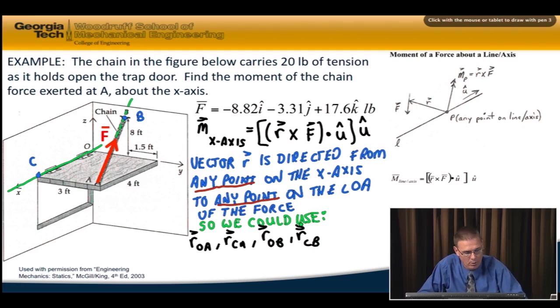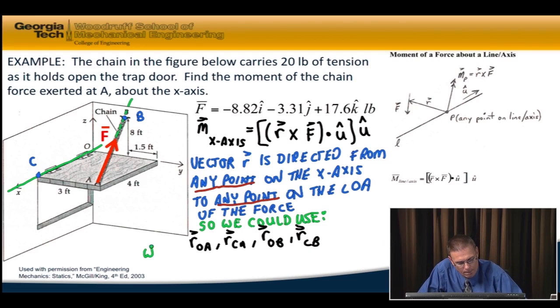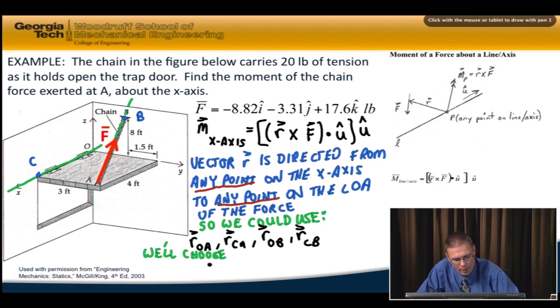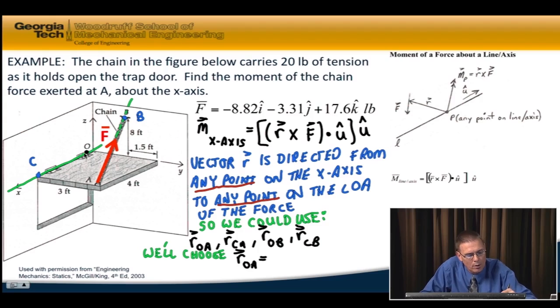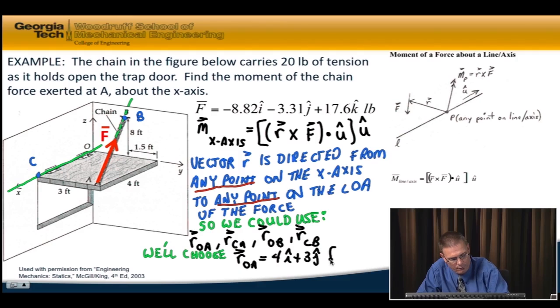And so we'll choose R OA. And R OA in this case, we have to go 4 feet in the x direction and 3 feet in the j direction. So that's 4i plus 3j feet.